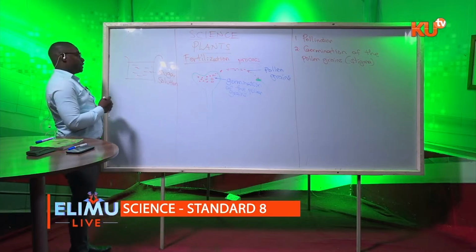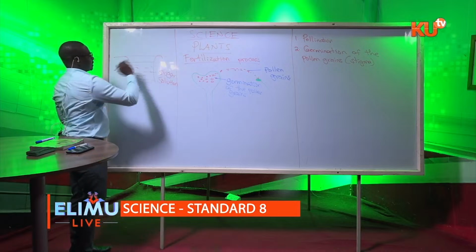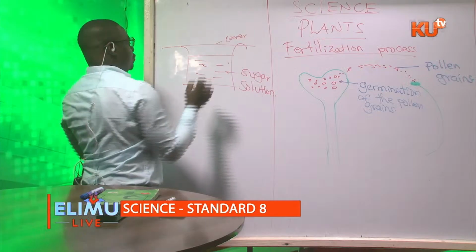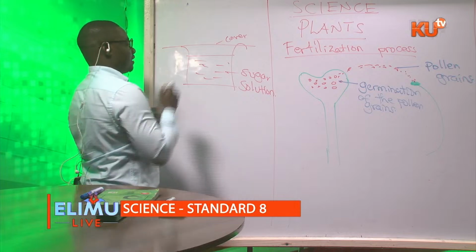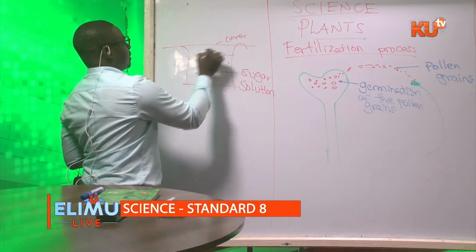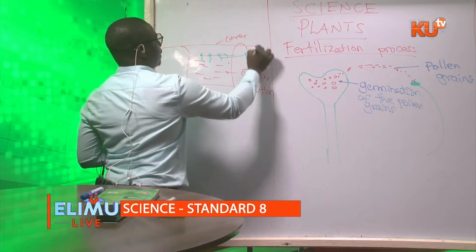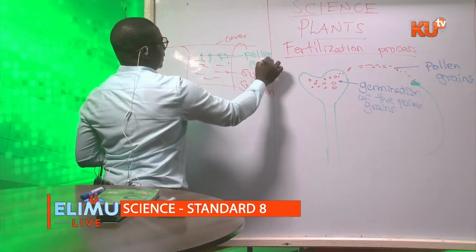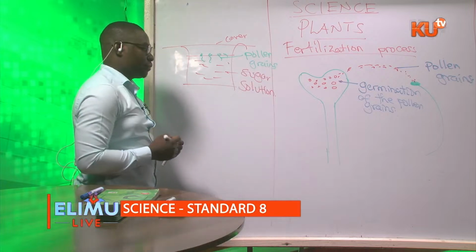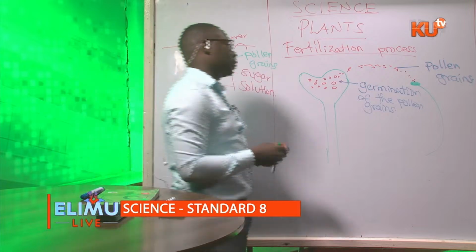The sugar will dissolve in the water. Then you cover it, and you drop here some pollen grains. They will start to germinate. That is how we can investigate that. So germination of the pollen grains, that is our step number 2.